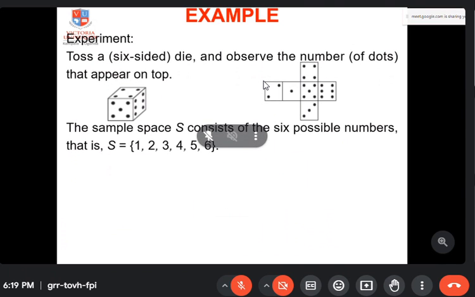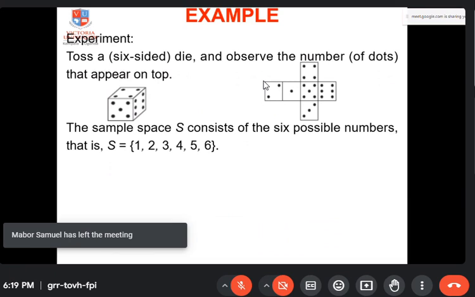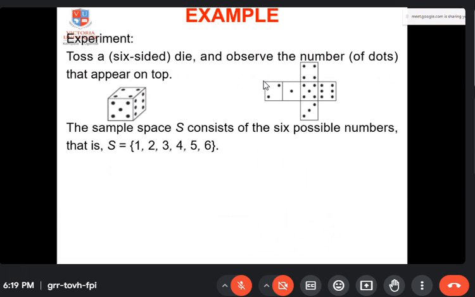Let us have another example. Suppose we toss a die. I hope everybody knows a die. It has 6 sides. So every side has got a number of dots. There is a side which has 1 dot, a side which has 2, a side which has 3, up to the side which has 6.